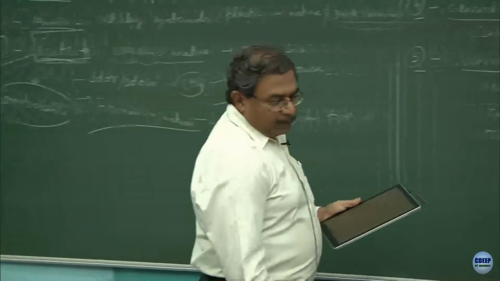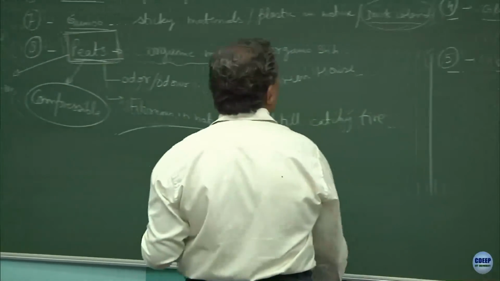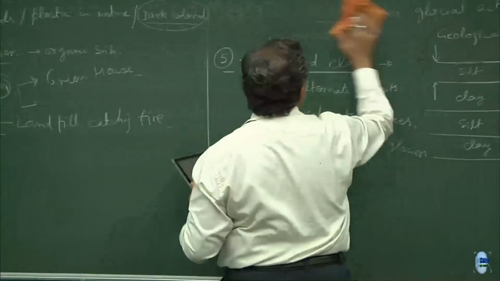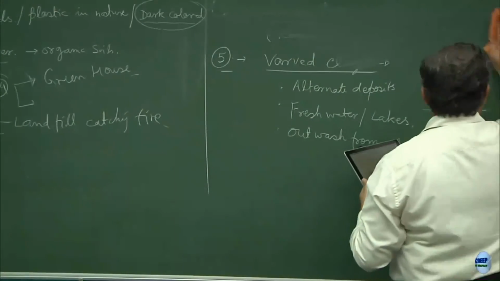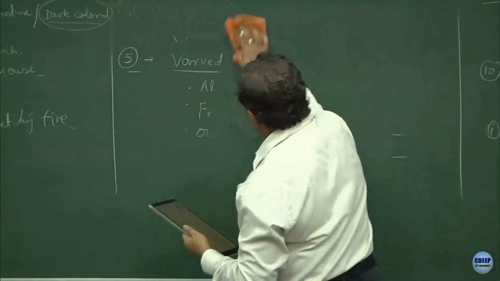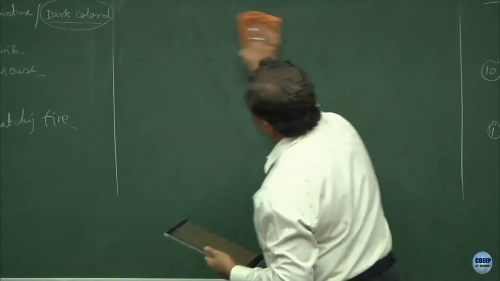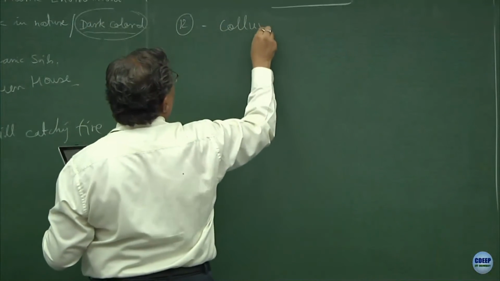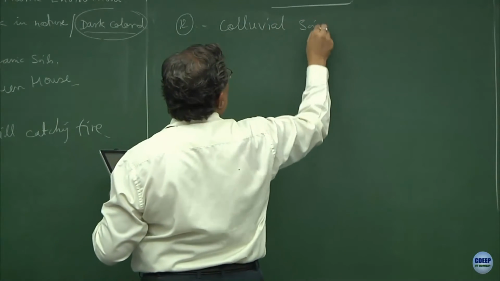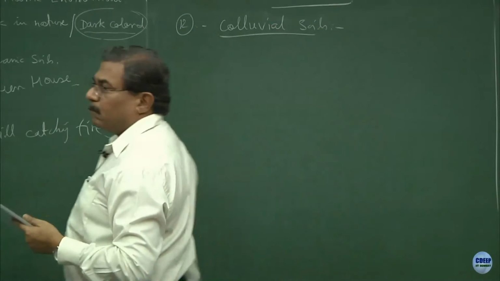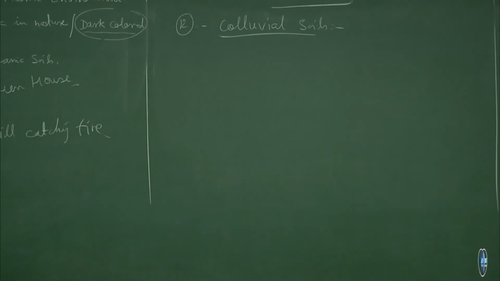There is another category of soils which is known as colluvial soils. Check in the dictionary what is the meaning of the word colluvial. The other day we were talking about alluvium, now it is colluvium. What is the meaning of the word colluvium?